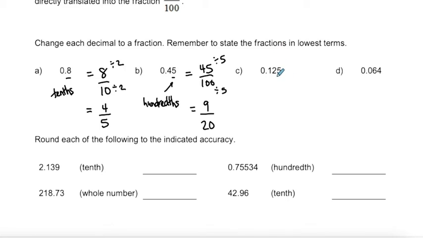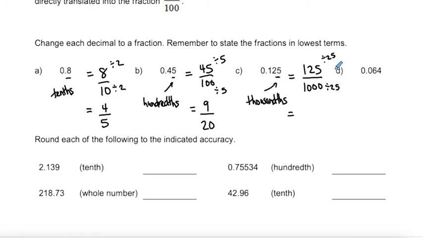Let's take a look at the next one. Our 5 is in the thousandths position. So this becomes 125 over 1,000. And I may want to divide this by a larger number than 5 right away. So in order to put this in lowest terms, why don't we start by dividing that by 25 instead?